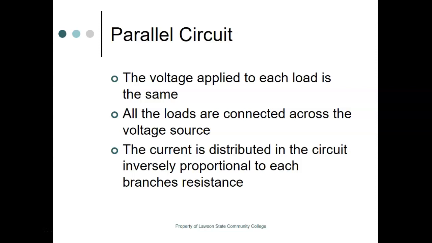Now, what's going to happen is that the more resistance in a specific branch, the less current. Why? Because water likes to take the path of least what?